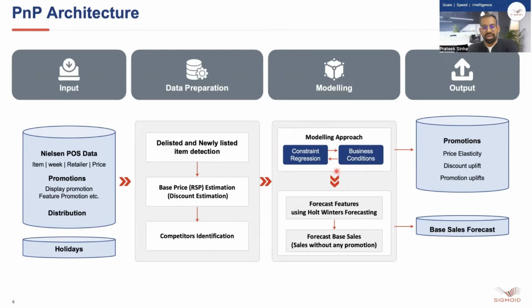We use the trained model as well as those coefficients to forecast base sales. And in order to forecast base sales for the future, first we also need to forecast each of the features, which we forecast using the Holt-Winters forecasting method. So in this way, we generate both the outputs, the model results, as well as the base sales forecast.